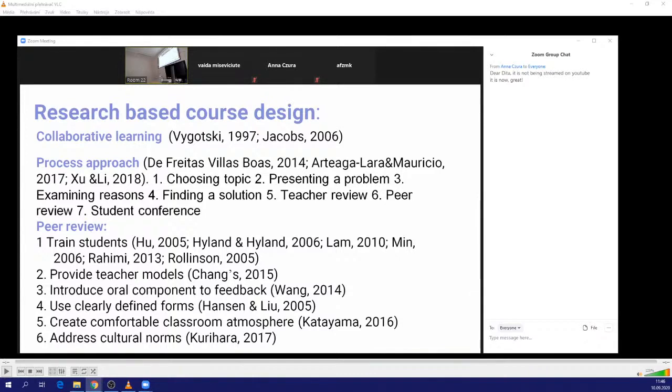So what I did is I tried to design the course pretty much on research-based information, and I really worked on 3 most important things. I looked at collaborative learning, so obviously Vygotsky had a great influence on me, Jacobs, who really talked extensively about group learning and collaboration.